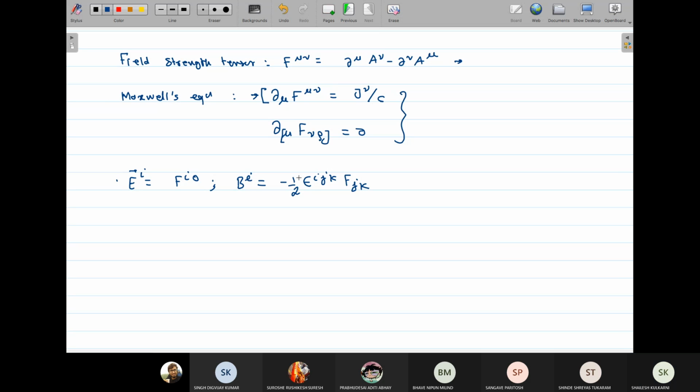That's it. And as you can see, these equations are written in a manifestly covariant manner. These are tensor equations. Any questions so far? Any question?